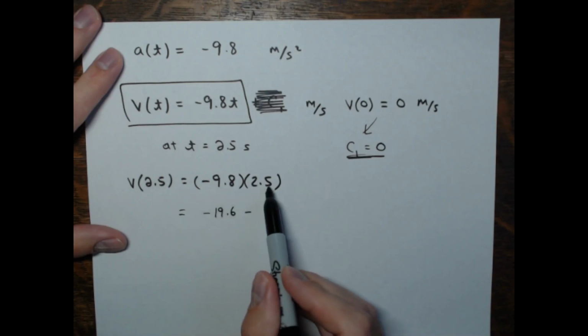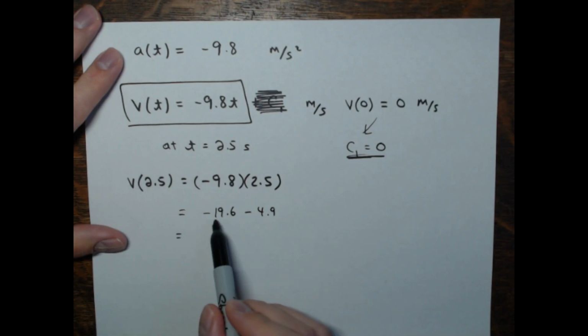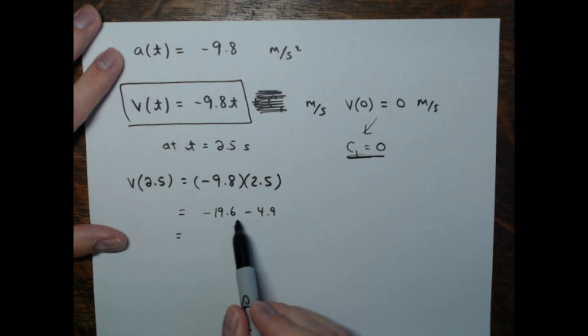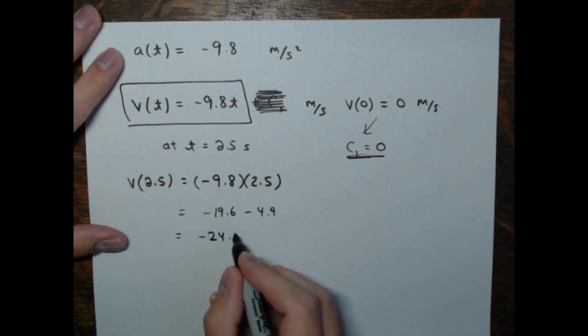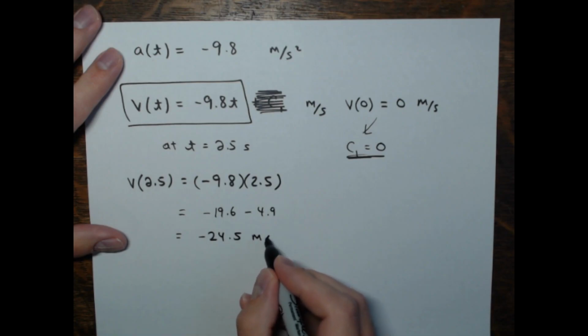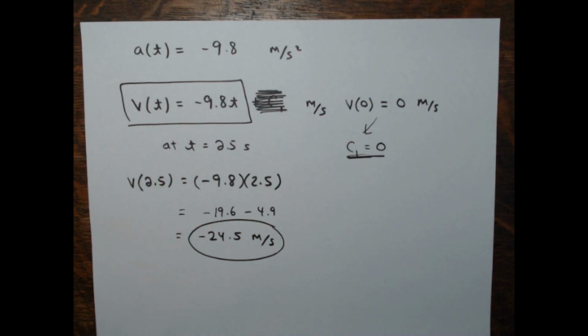And then half of negative 9.8 would be 4.9. Putting these together, that's negative 23, and then you put 1.5 on that. So negative 24.5 meters per second would be how fast the ball is going downward at the 2.5 second mark.